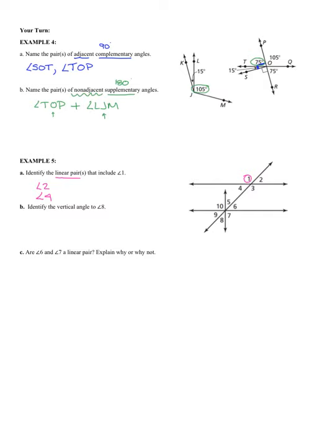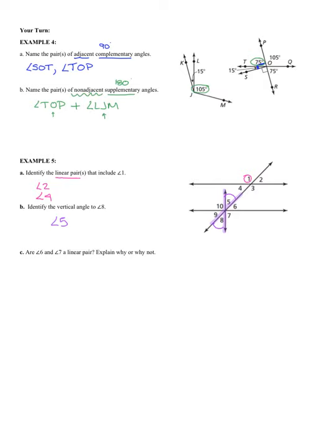Now we want to find a vertical angle to angle 8. What I find sometimes helpful when you're doing that is to kind of draw, this is why highlighters or colored pencils in geometry is nice. You're going to get a lot of intersecting lines, and it's helpful to kind of identify the angle that you really want to focus on. So here's angle 8. The vertical angle has to be created by the same lines that created angle 8 and is on the opposite side. So that would be angle 5.